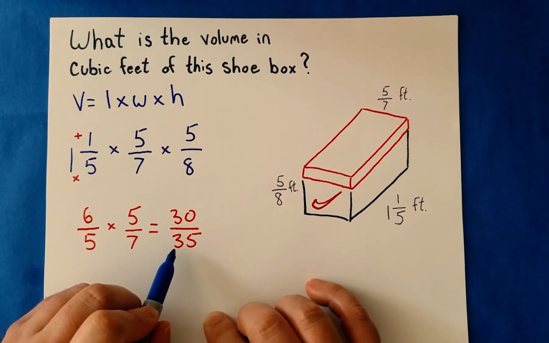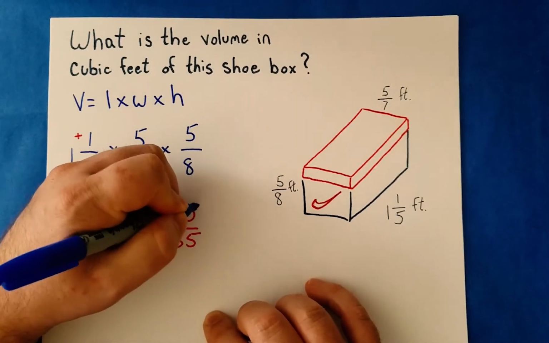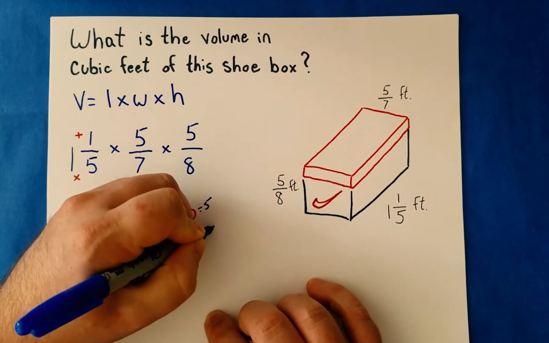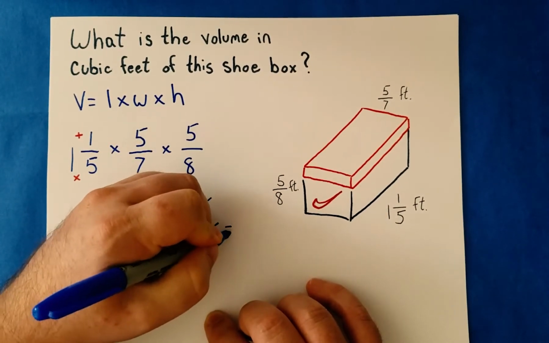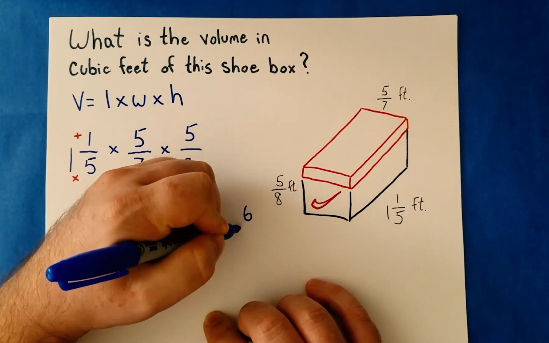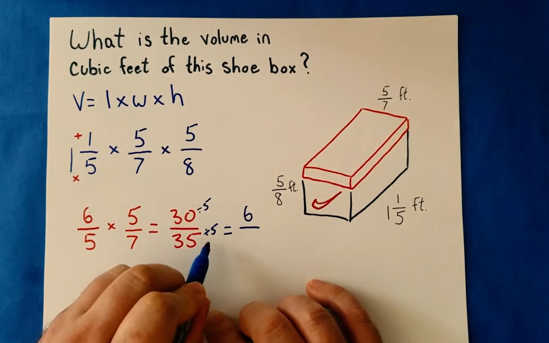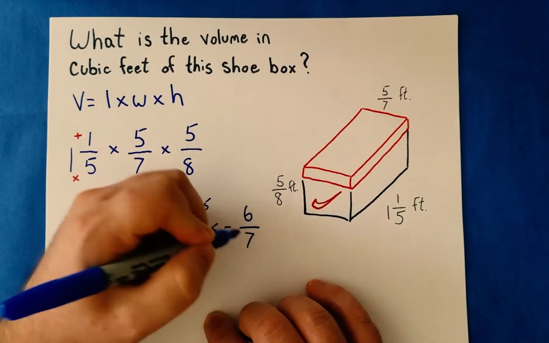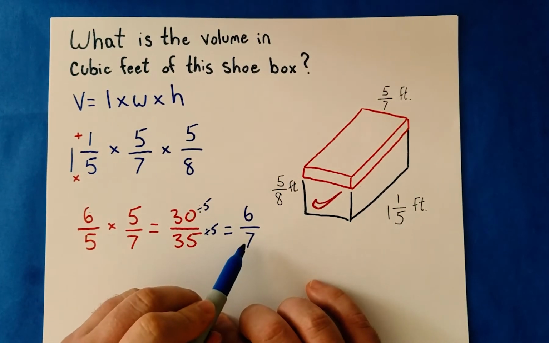What's the greatest common factor? It's going to be 5. Divide each by 5. I end up with 30 divided by 5 gives me 6. 35 divided by 5 gives me, you got it, 7. So I have 6/7.